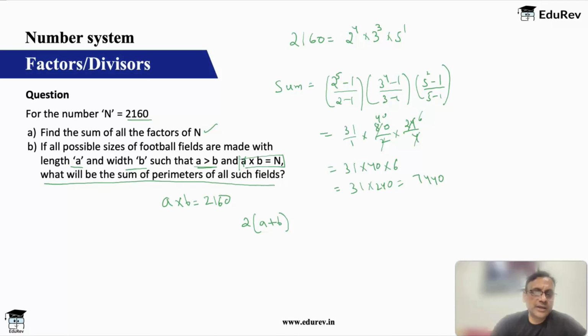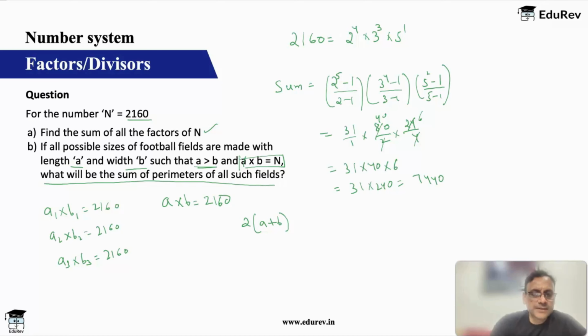Right? So now if I have A1 into B1 is 2160. Second is A2 into B2 is 2160. Third is A3 into B3 is 2160. Let's say there are only three cases, there are only three pairs.